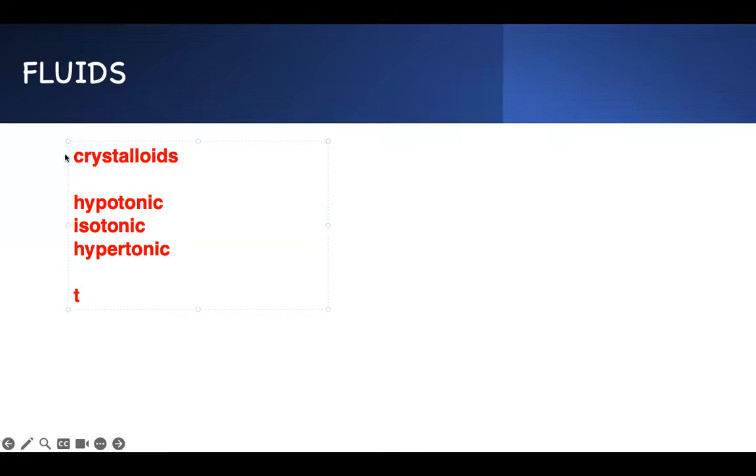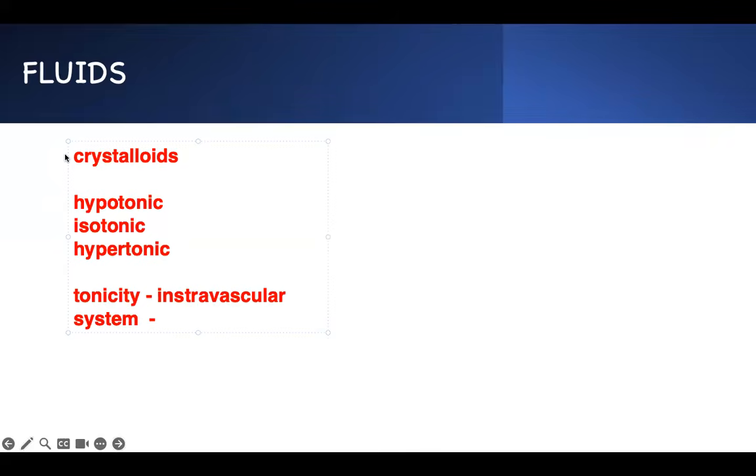Pay attention: the tonicity is in relationship to our intravascular system. The tonicity is in reference to that. Our intravascular or extracellular system basically has a certain tonicity, and that is the tonicity we're referring to.